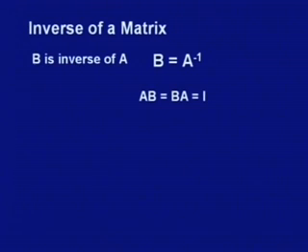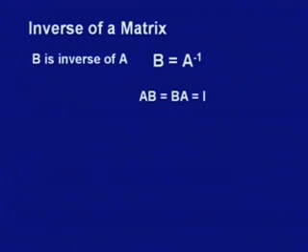That is the additive inverse of the given matrix. But when it comes to multiplication, we say that B is the inverse of A, and we write B as A inverse, if AB and BA are the same and equal to I. So, if I multiply AB, whether pre-multiply or post-multiply, it should give me I. If we have such a matrix B, then we say B is the inverse of A.